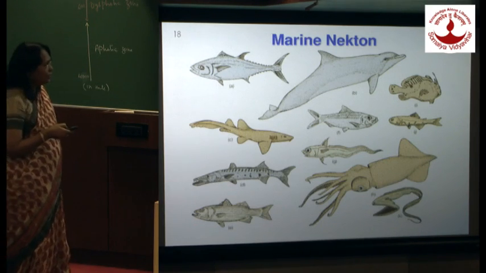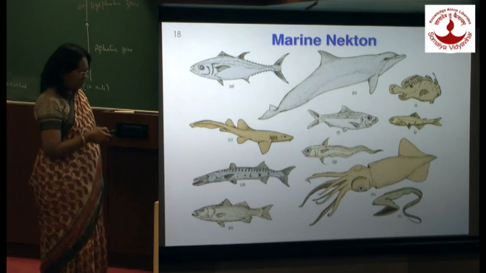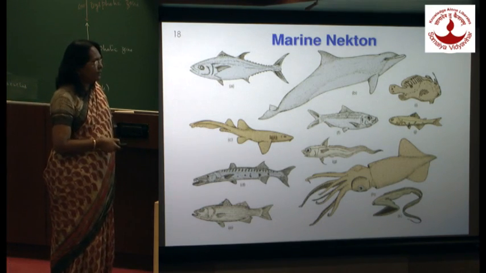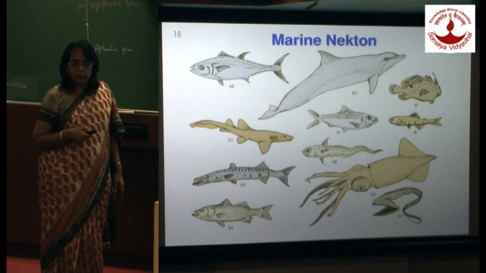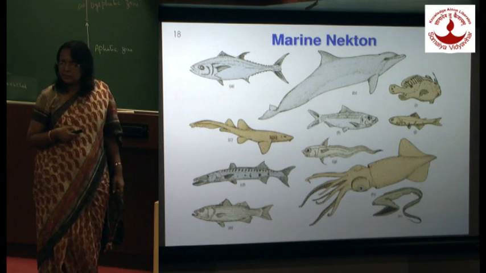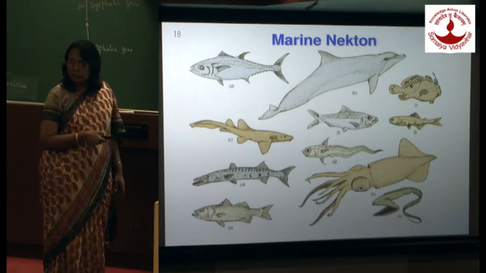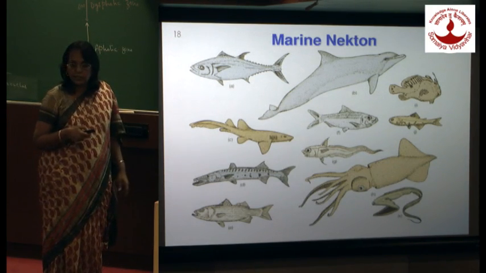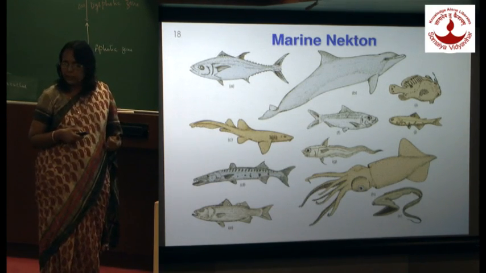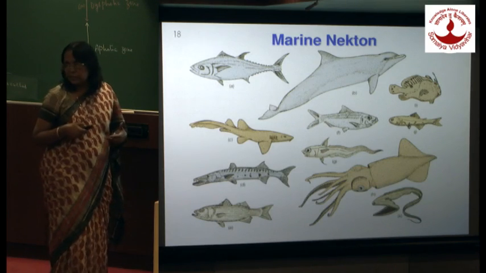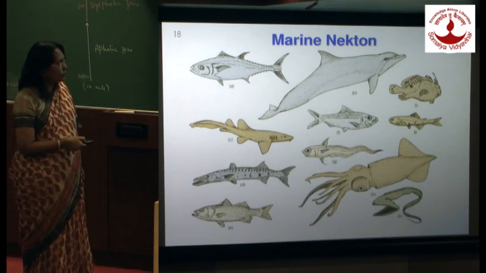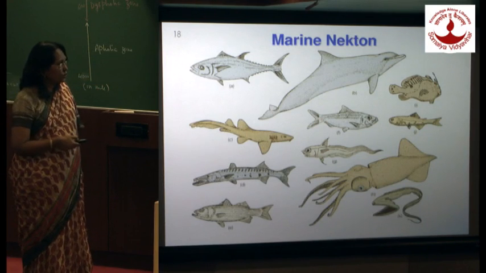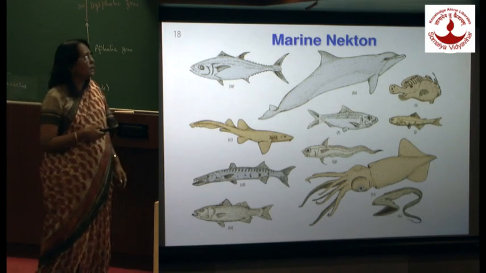Why? Why do they need that? Visibility at the bottom is zero. It's absolute dark. They cannot see the food or the prey. So they need to have some sort of adaptation. So they have a huge big mouth so that whatever comes their way they can gobble it up.